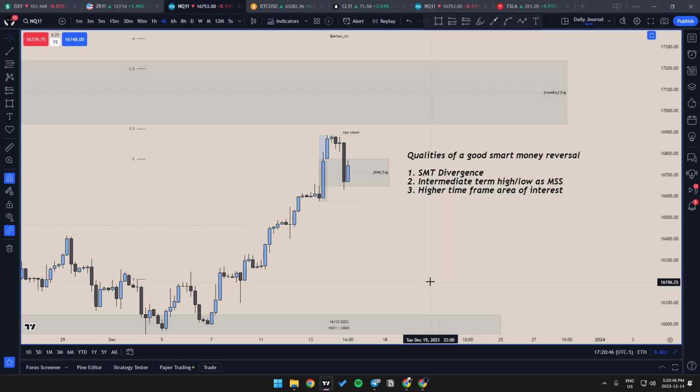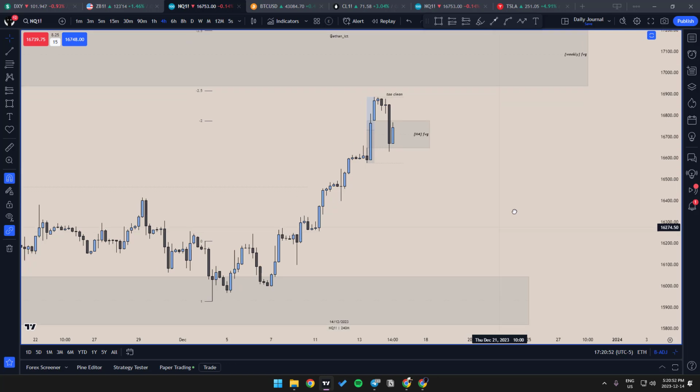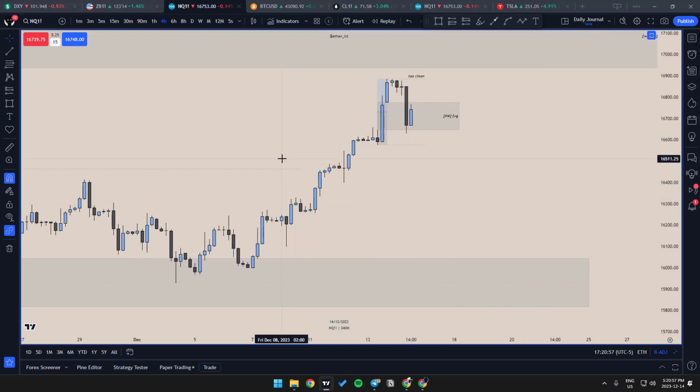How much emphasis does quarterly theory have on the trades you take or affect your daily bias? So when I'm looking for quarterly theory, this week is honestly not super good for quarterly theory in my opinion.